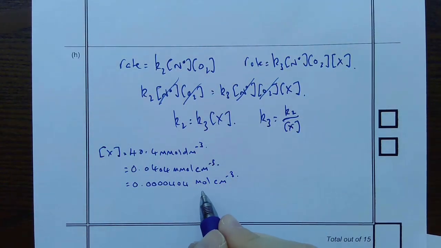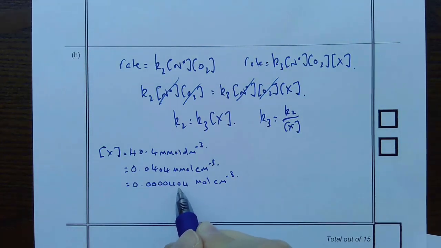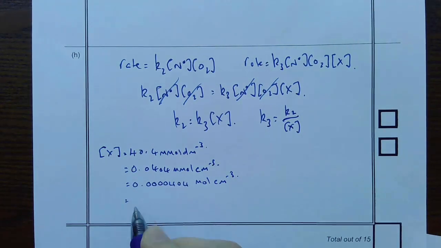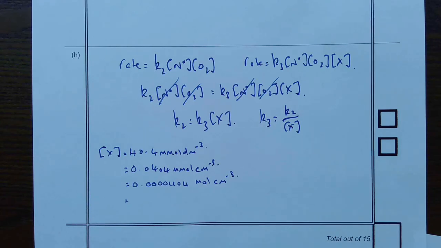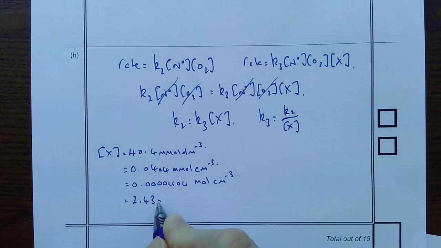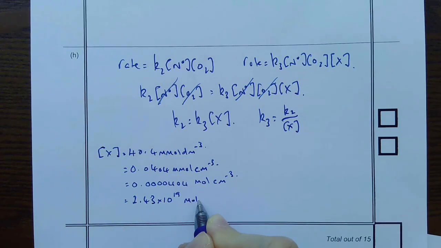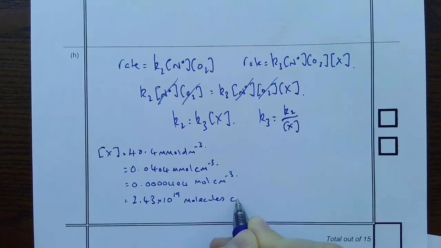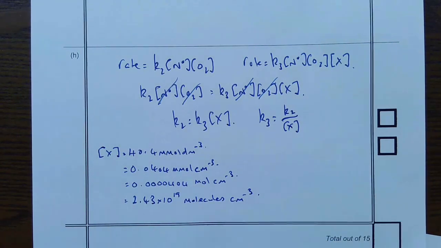Obviously, because a mole is bigger than a millimole, I'm going to have fewer moles than millimoles. And then I just need to turn it into molecules, which I do by multiplying by Avogadro's number. And I get 2.43 times 10 to the power of 19 molecules per centimeter cubed.